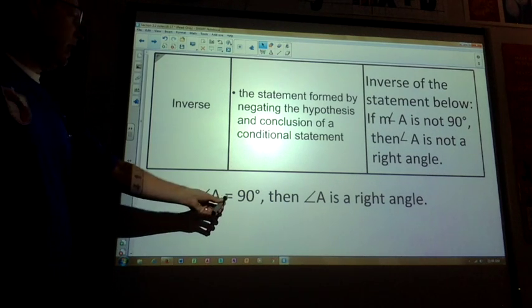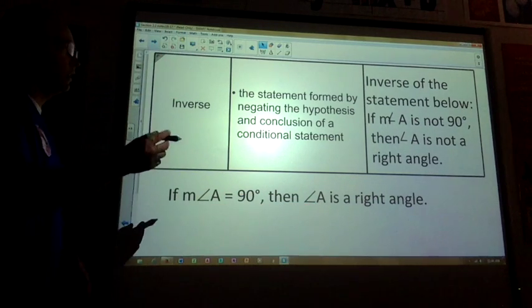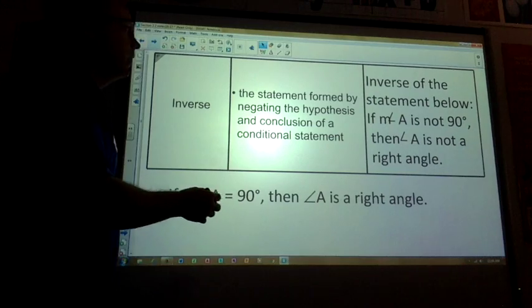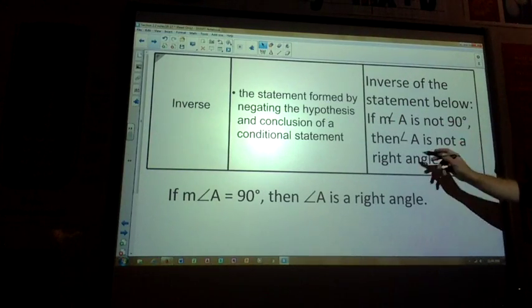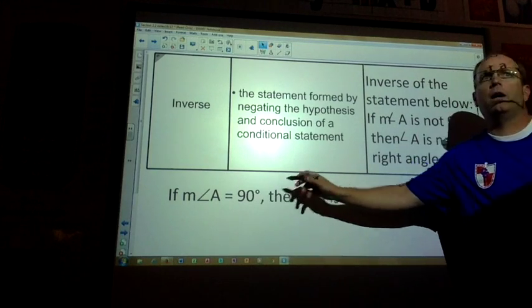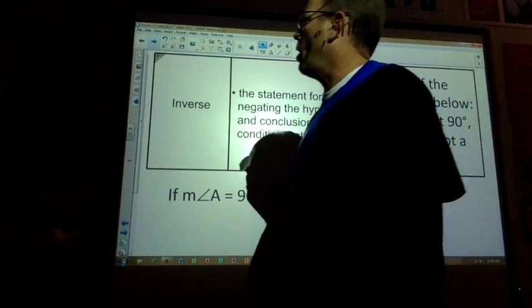So if measure of angle A equals 90, then angle A is a right angle. If we wanted the inverse of this statement, notice I removed the nots to go here. If I wanted to go from here to here, I put the nots back in. Okay? Almost done.